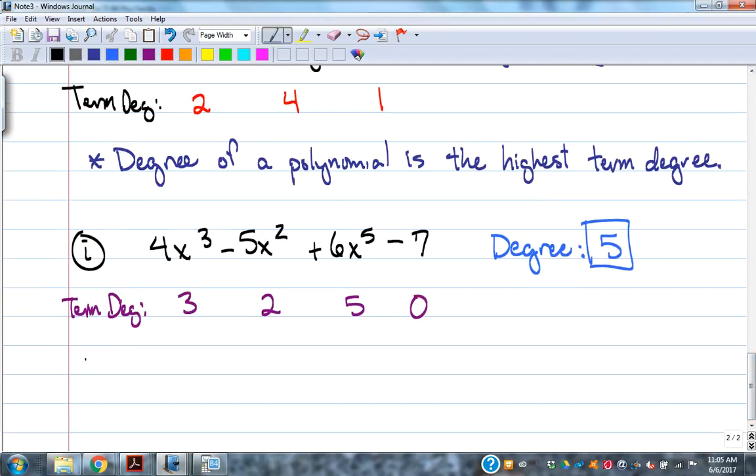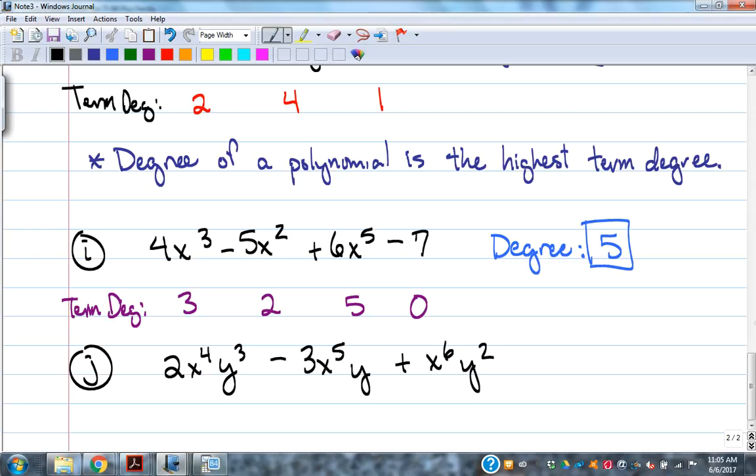Let's do one more quick one here: 2x to the fourth, y to the third, minus 3x to the fifth, y, plus x to the sixth, y squared. A little bit more difficult because you've got to account for multiple variables, but still not a break-us-in-two kind of problem.